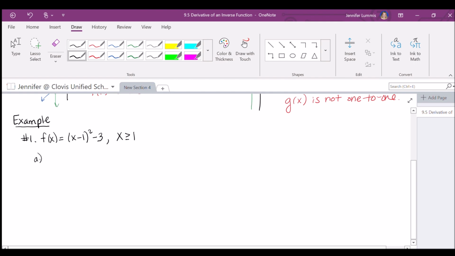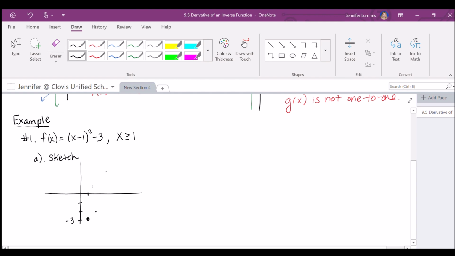So we're going to start with a sketch. This parabola would be moved 1 unit to the right and 3 units down for its vertex. It would open up on both sides, but because of this domain that says x must be greater than or equal to 1, it's only the right half of my parabola.